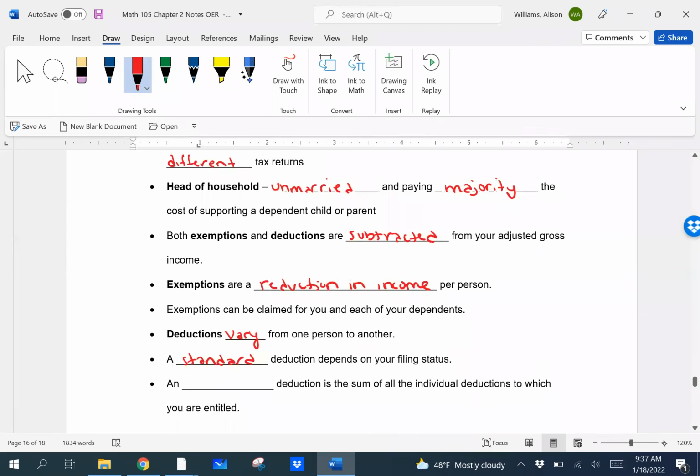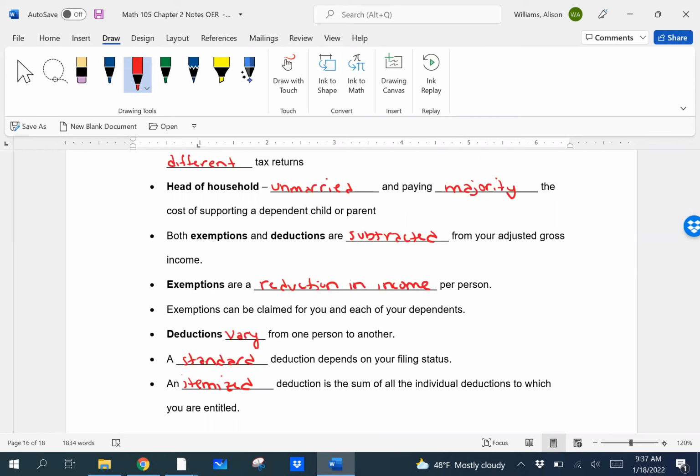Whereas an itemized deduction is the sum of individual deductions to which you're entitled. Now, I know a lot of us are familiar with the idea that people might receive deductions based on charitable contributions, or different things that you can do to receive these individual deductions to help lower your taxes.